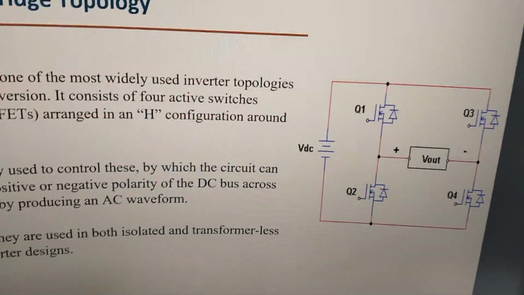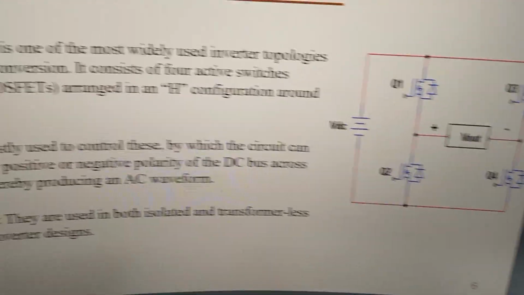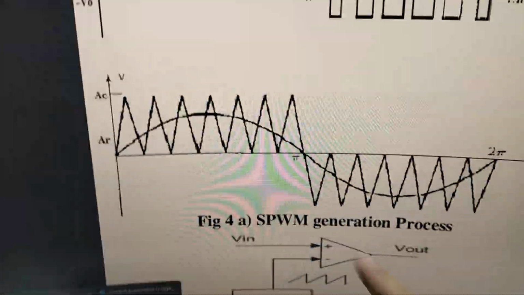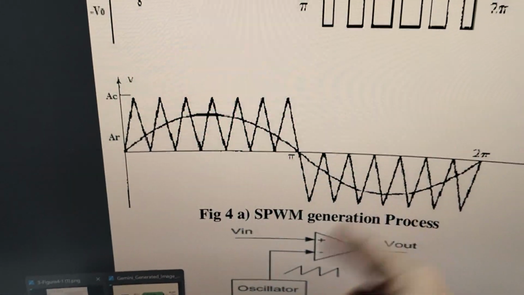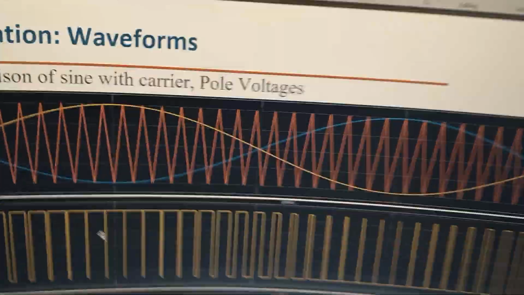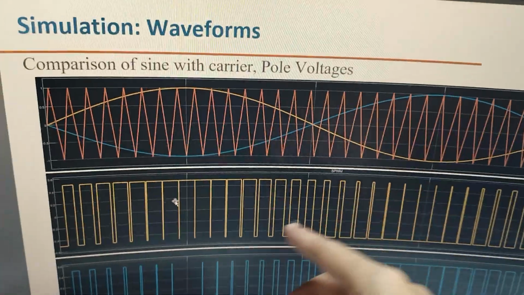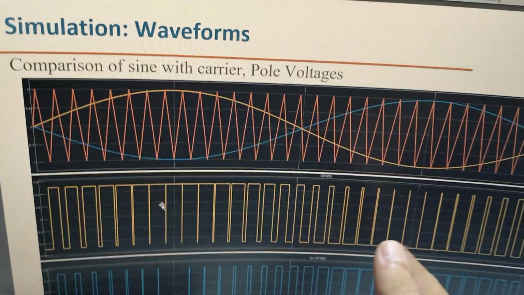A more advanced one is unipolar, and there what you do is like how I showed you in this image, right? That you first compare one reference with the carrier. In unipolar, you generate two references. So you have your original, the yellow color is the same one as before, and you take another reference which is 180-degree phase shifted.